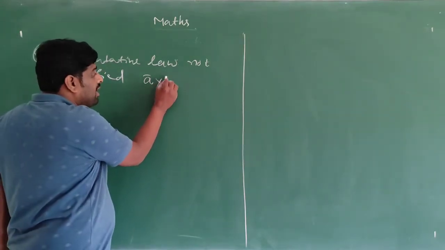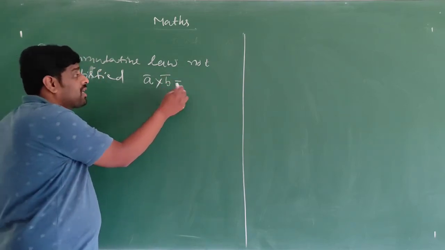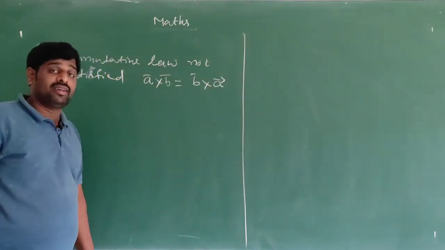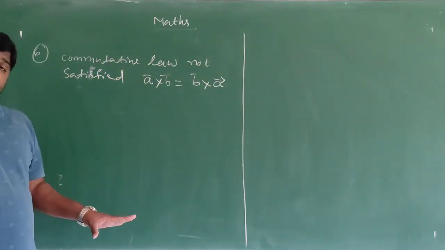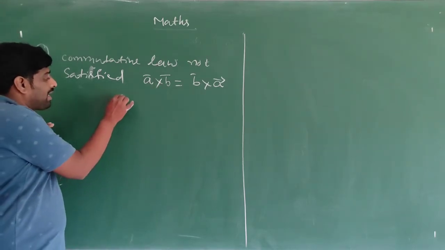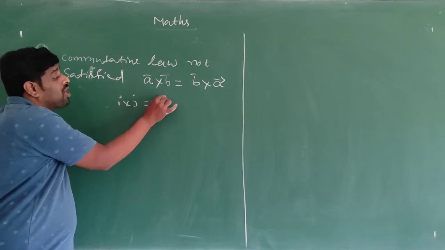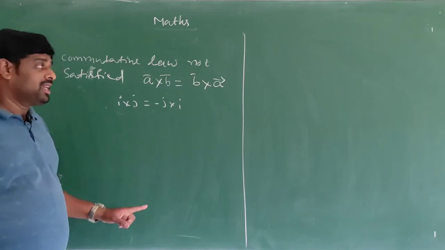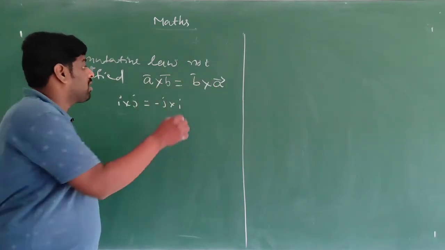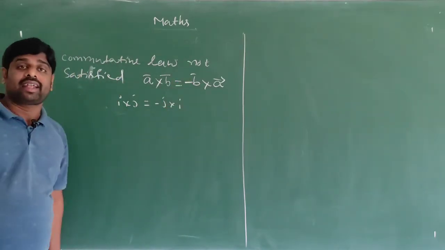Suppose I cross J is there, but J cross I becomes minus. Similarly, A bar cross B bar versus B bar cross A becomes negative. That's why the commutative law is not satisfied.